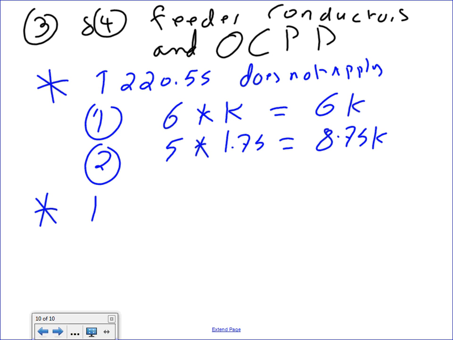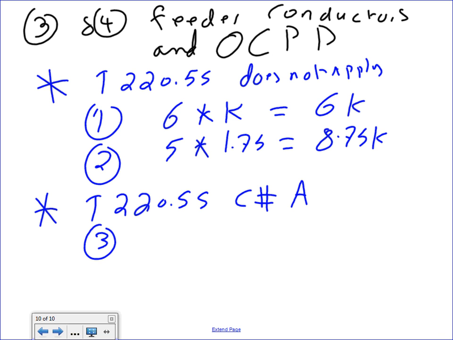This is Table 220.55. I'm going to say column number 8. I'm going to apply all the stuff under 8. That will give me number 3. Let's go to number 3. How many number 3 do I have?